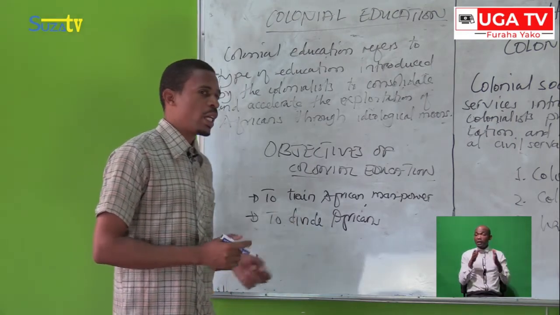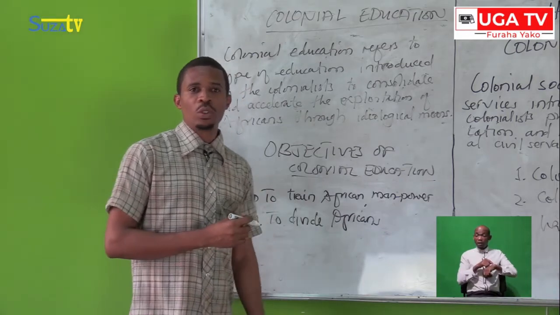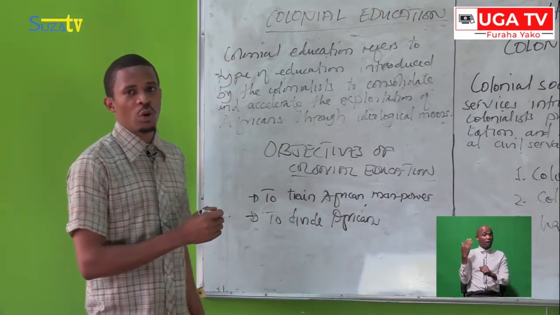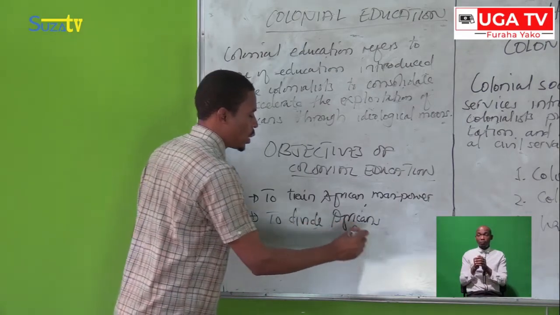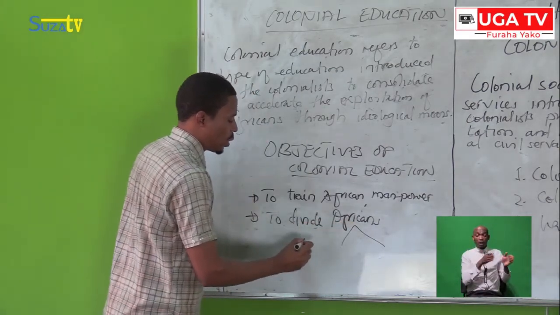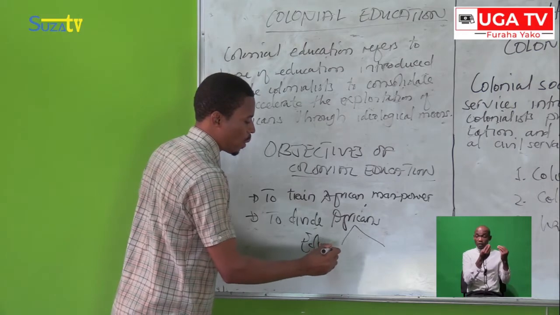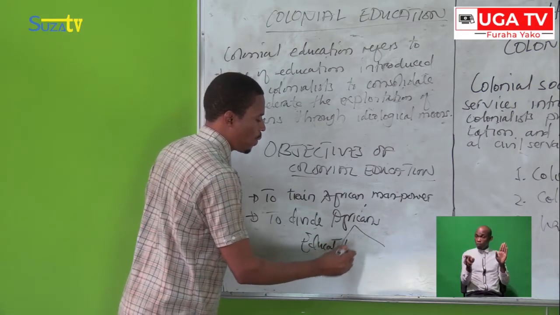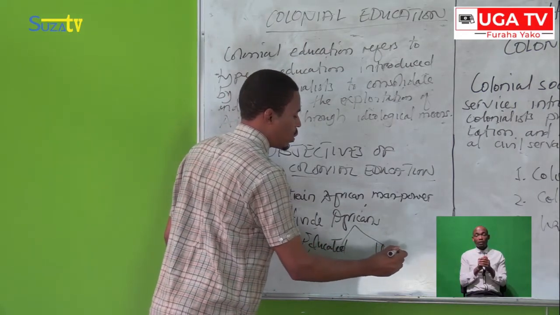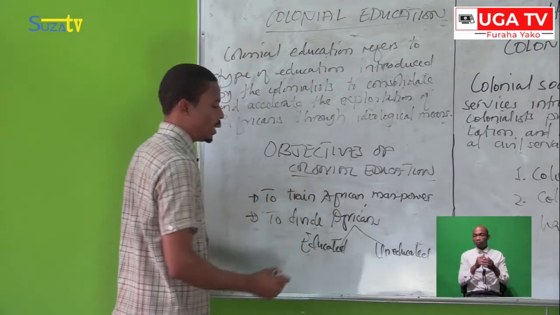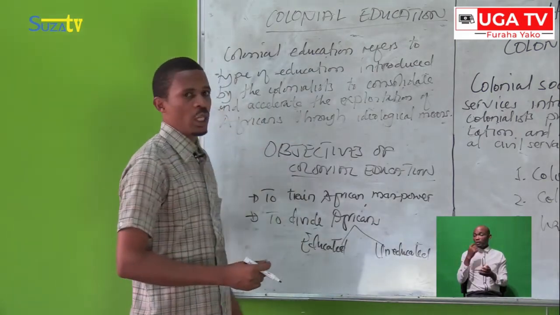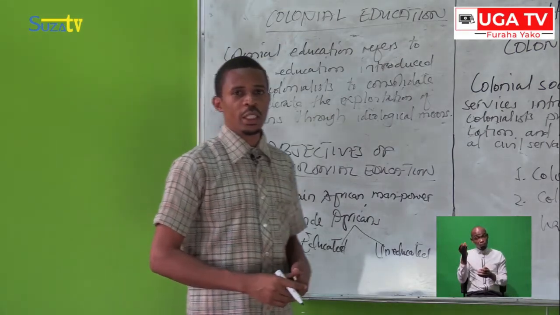During the colonial era, there was a class of the elites. They divided Africans into two classes: educated Africans and uneducated Africans, or elites and illiterates.